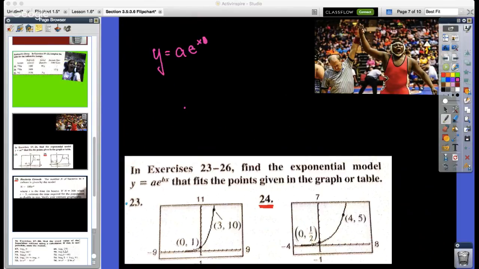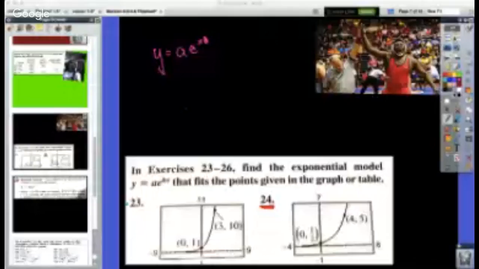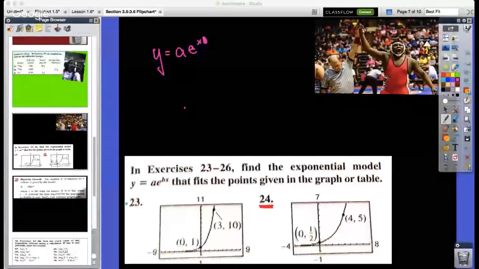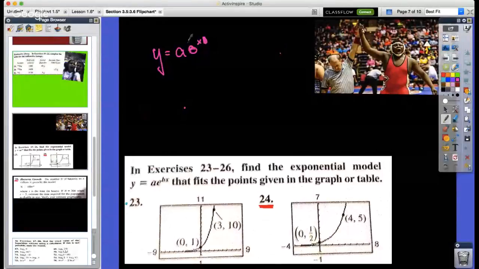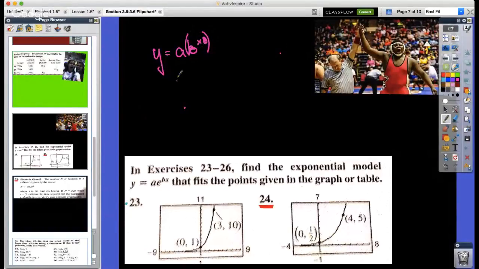Sorry about that. So we're coming back, and I'm making sure that calculator's up. Perfect. So it's actually a b to the x power. Now remember that the a is the number in front, whereas b is the number that's with x here. All right, so what we're trying to do is find out what a and b are.